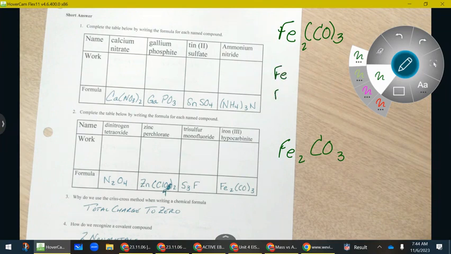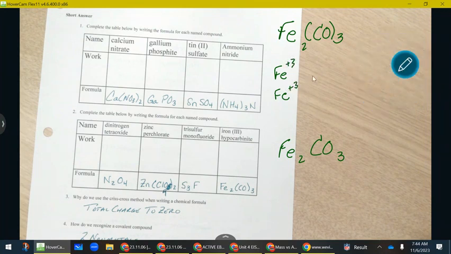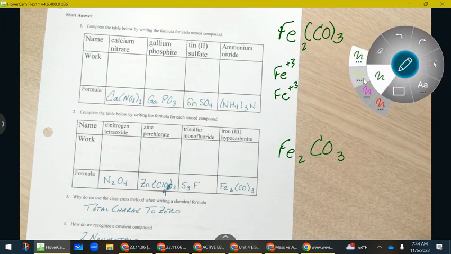This compound is made of 2 irons, and 3 of these CO groups.